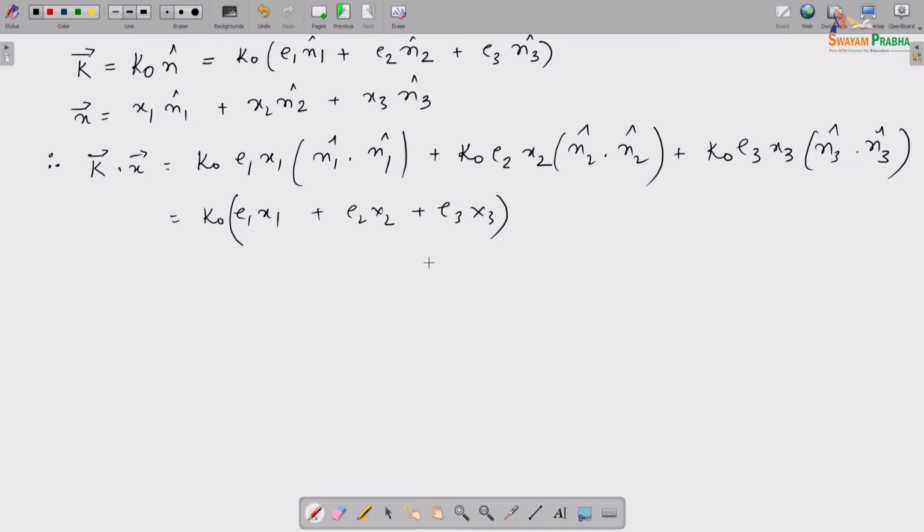Then e to the power i k dot x is equal to e to the power i k naught, so k dot x is equal to k naught E1 x1.